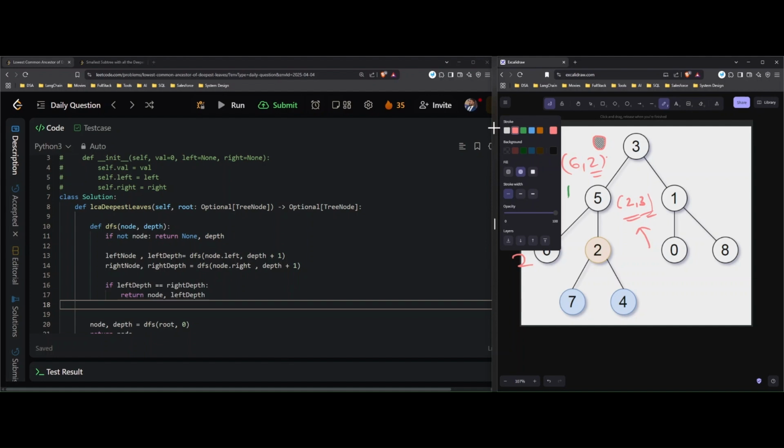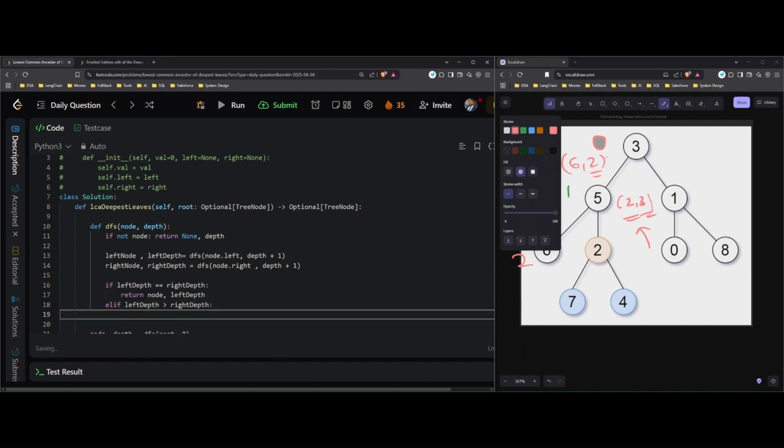So we will simply translate it into the code. So we'll check that if our left depth is greater than the right depth, right? Let's take it as an example, our right depth is greater than our left depth. In that case, which depth will we take?